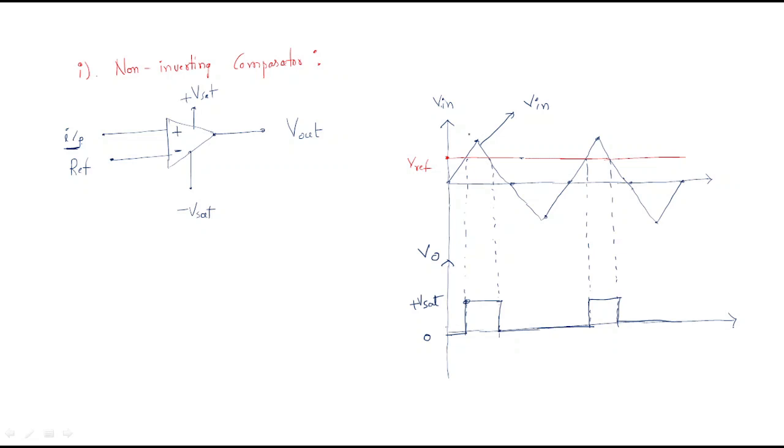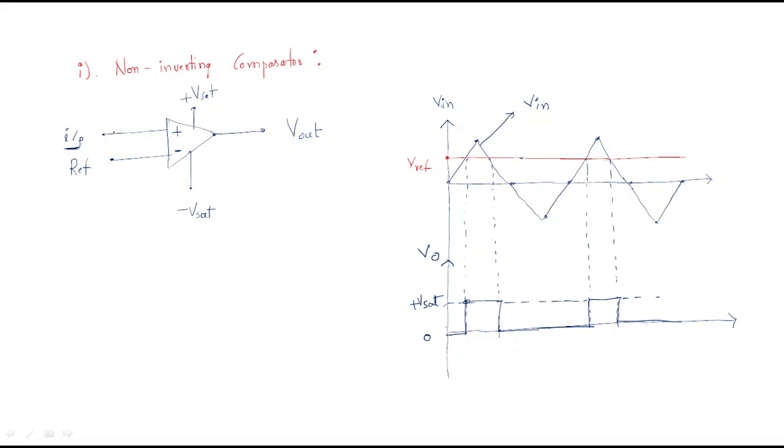Only one thing: whenever the input voltage is higher than the reference voltage, we get the plus V saturation voltage. In all remaining cases it is 0. So this is the output voltage of the non-inverting comparator.